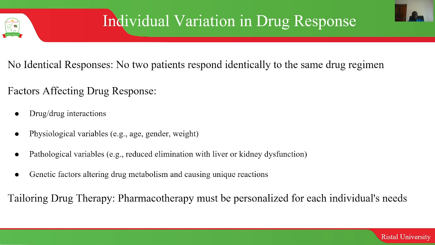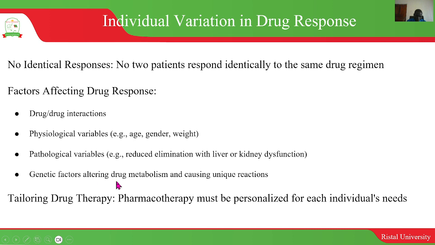Otherwise, we might be putting them at risk of injury because the kidney is not doing its function, or the liver is not doing its function, and these drugs remain unremoved in the body, and their toxicologic effects are felt.